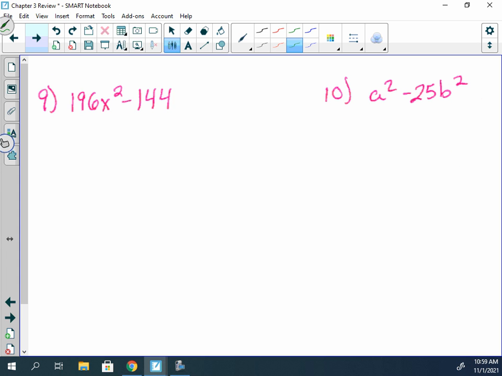Questions on 9 or 10? 10? So we look at this here. Is a squared a perfect square? Is 25b squared a perfect square? So this here again is a difference of perfect squares. So our signs will be opposite. And what times itself was a squared? And a.